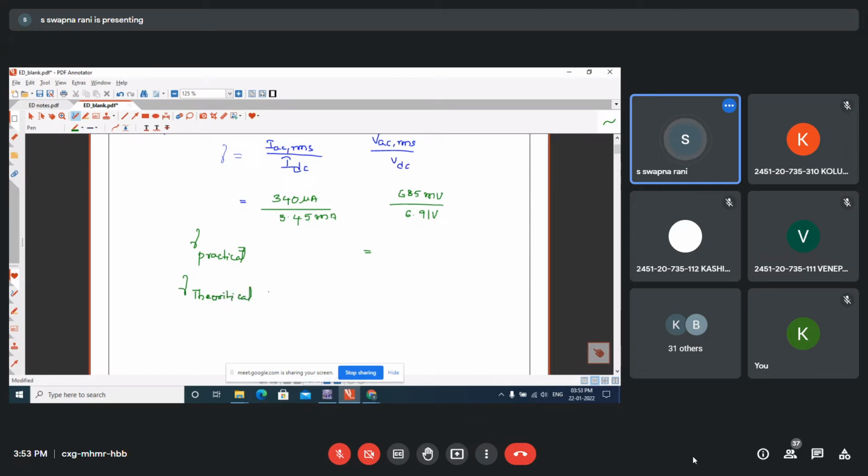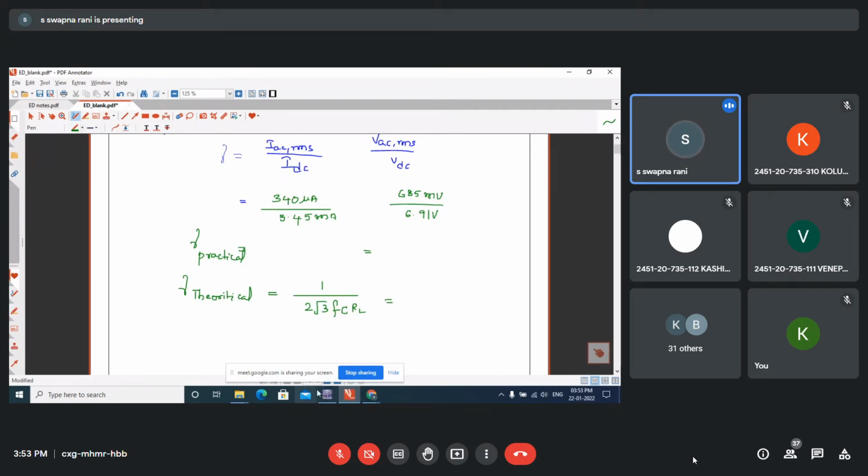And theoretical also you need to find, which is 1 by 2 root 3 f C RL. So substitute here in this equation. What is RL?